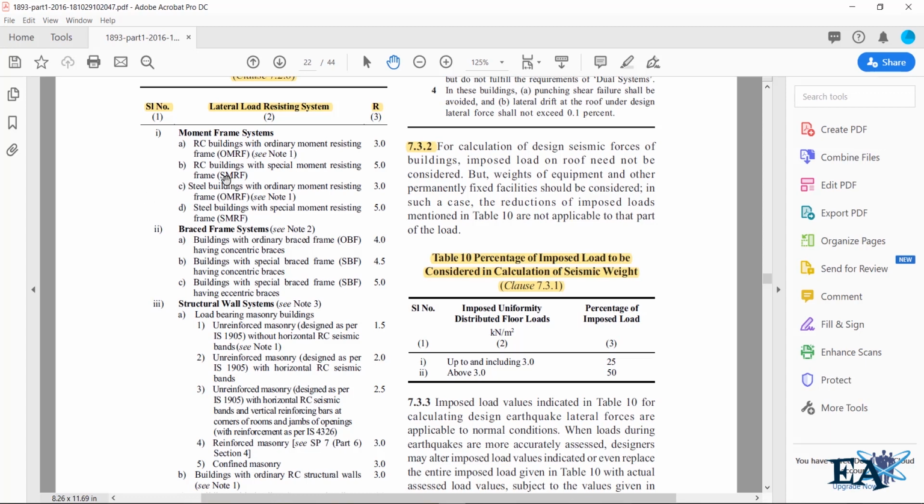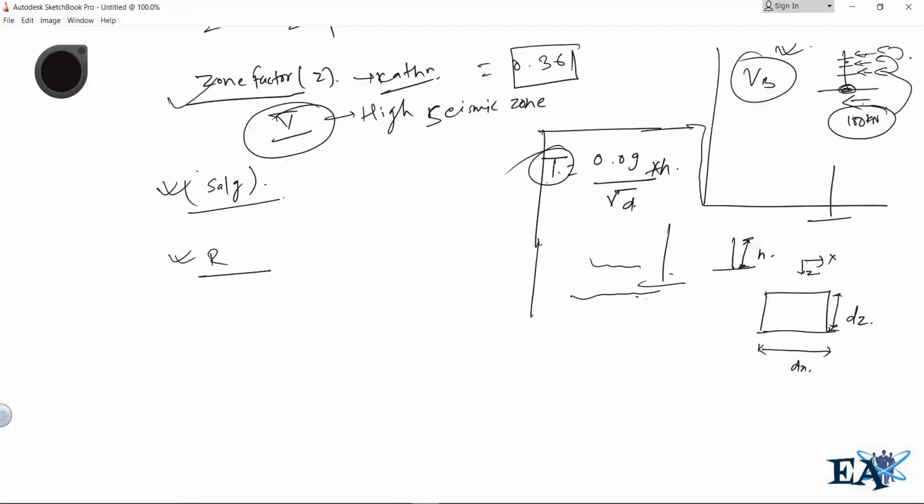Next is the SMRF. SMRF buildings are those that have been designed as per IS 456 and also ductile detailed as per IS 13920. Similarly we have it for steel buildings as well. So our building is this building. So the response reduction factor is 5.0, that is 5. So we know the response reduction factor as well.